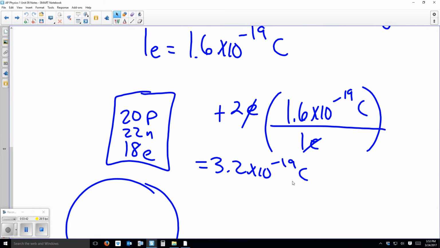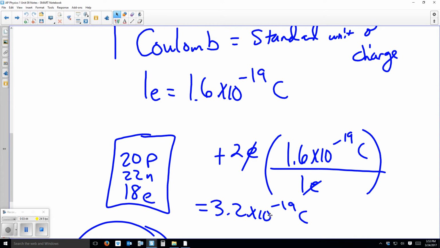So notice, as we go from 1 electron to 2 electrons, we jump from 1.6 times 10 to the negative 19th to 3.2 times 10 to the negative 19th. It's impossible, you cannot get a value anywhere in between there. If a problem mentions that someone did an experiment and they got a value of 2.5 times 10 to the negative 19th coulombs, something went wrong in their experiment.